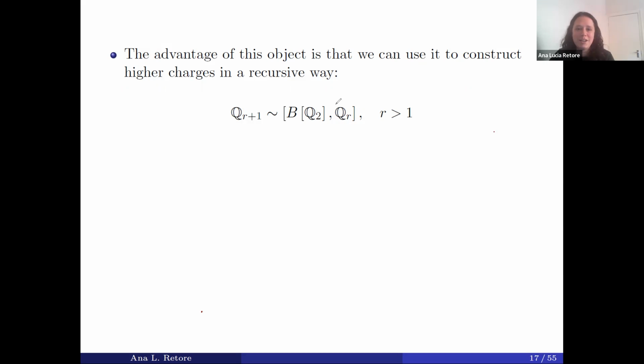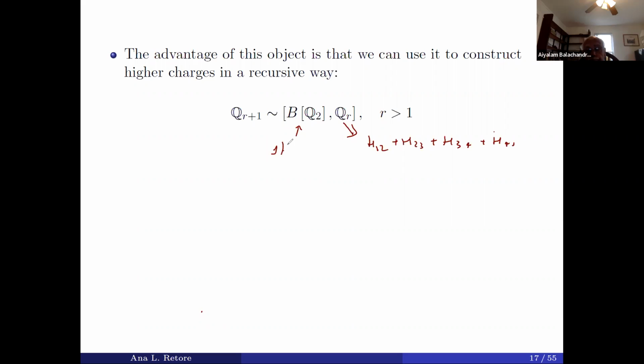Look, let's say your Hamiltonian is 4 sites only, so you have H12 plus H23 plus H34 plus H41, periodic. This object, okay, you have the derivative. Let's ignore the derivative for now and consider just 1 times H12 plus 2 times H23, and you keep going.